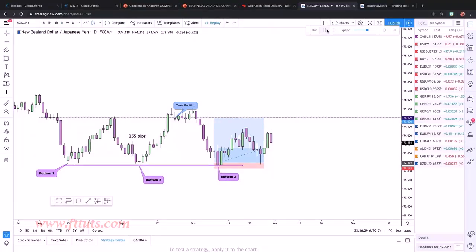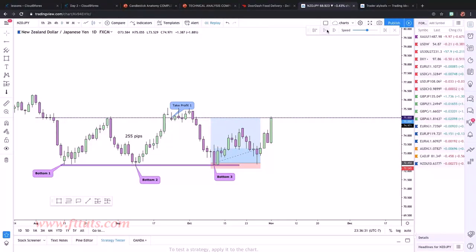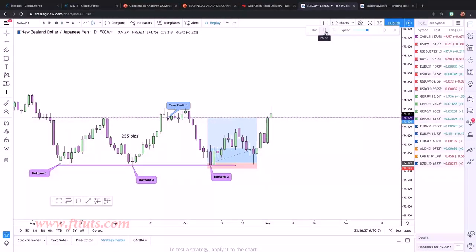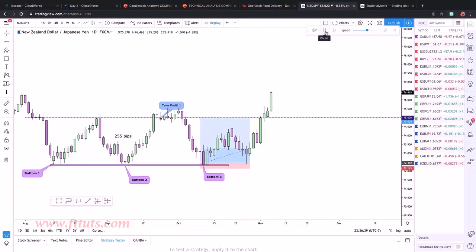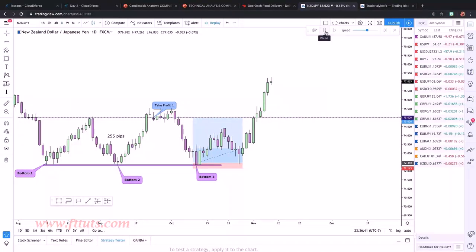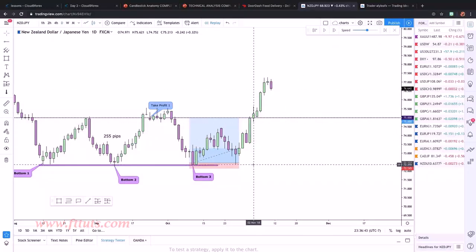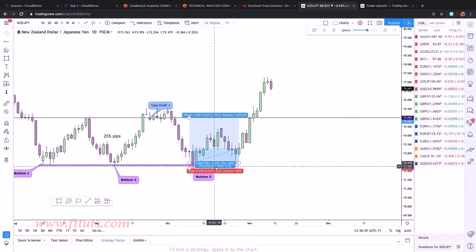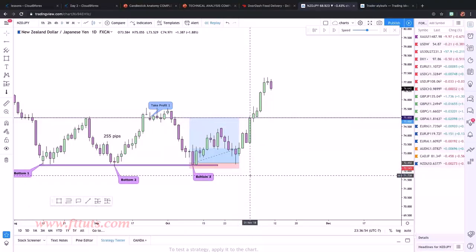Okay, so it comes down. So we were expecting price to hit resistance again to take like our second profit, but then it came back down and tested, but as you can see, it wicked. So that's why we have our stop loss there. And then it went back up and then eventually broke the resistance line.